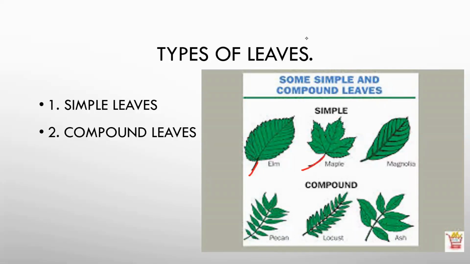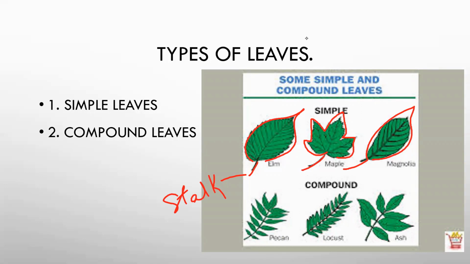All of them have one stalk, and they all have one single lamina. This is your lamina, the green part. So in simple leaves, you will always find that on one stalk there will be only one lamina.